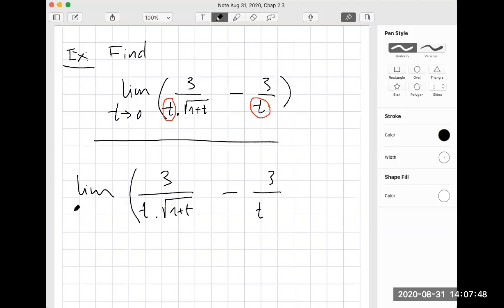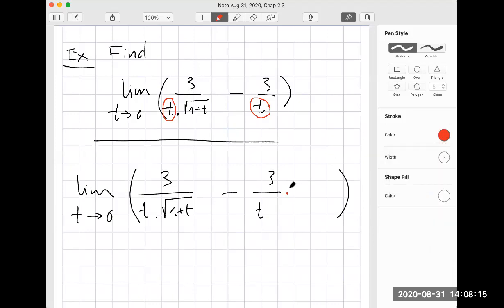So we see that these two fractions we can add up together, right? But in order to sum them up, they should have the same denominator, which is t times the square root of 1 plus t. It is not the case now, but how can we make it?